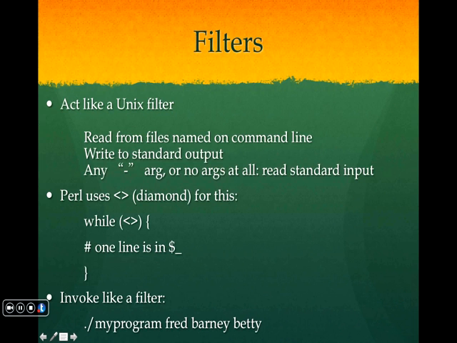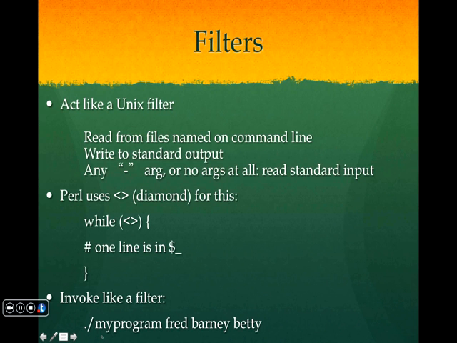How can I invoke this command? For example, I say read from my current program the file named Fred, then another file called Barney, then the last one Betty. So we'll read all the lines in that file, then consume all the lines in the second file, then the last one.